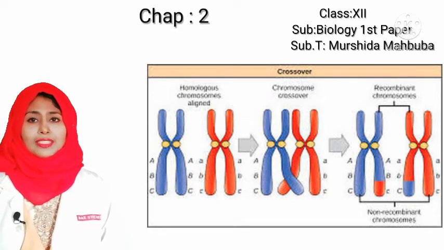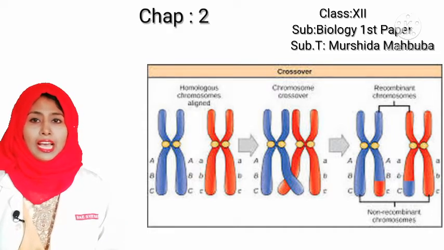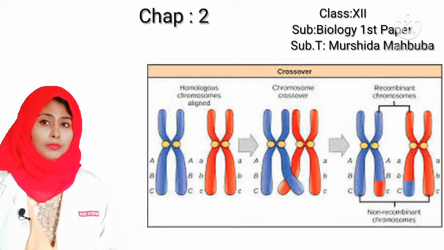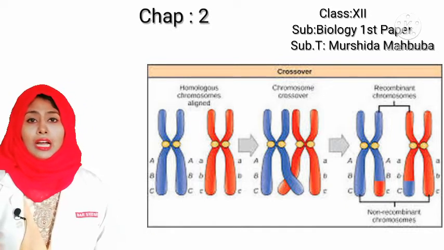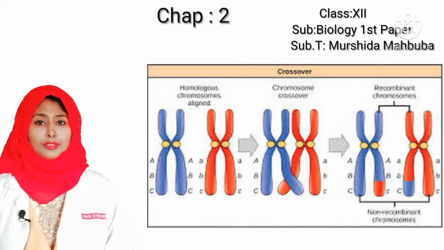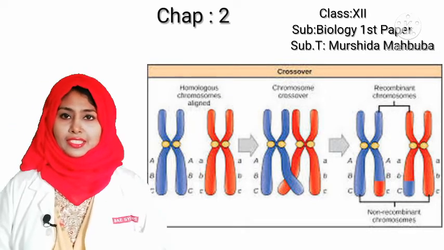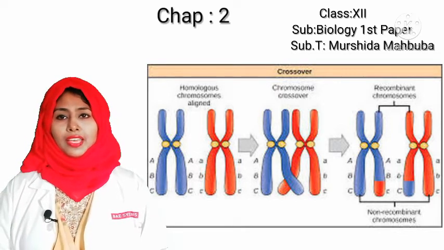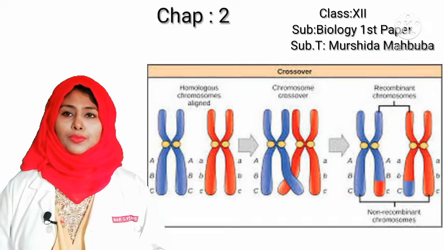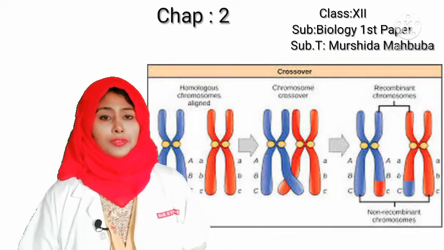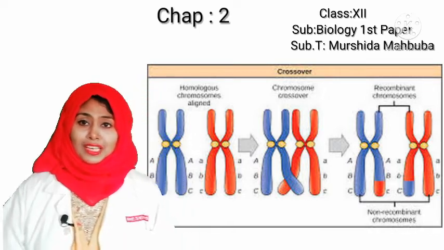The frequency of crossing over helps in the mapping of chromosomes, for example, determining the location of genes in the chromosome. Variation of character. Except identical twins, there is no sexually reproducing organism with exactly the same characters.